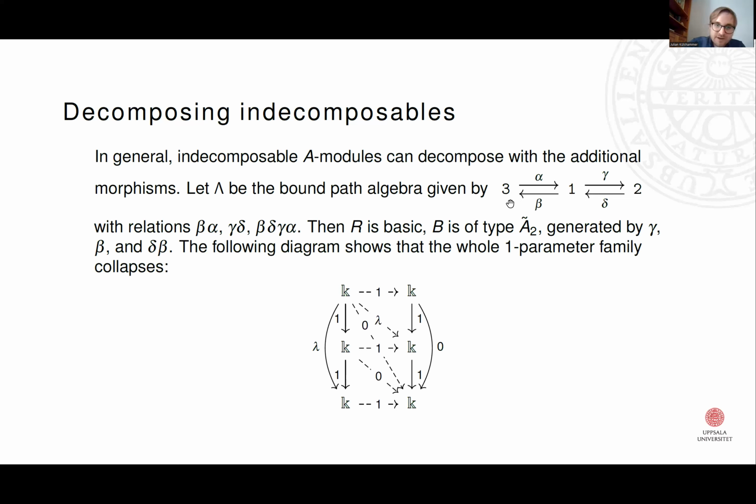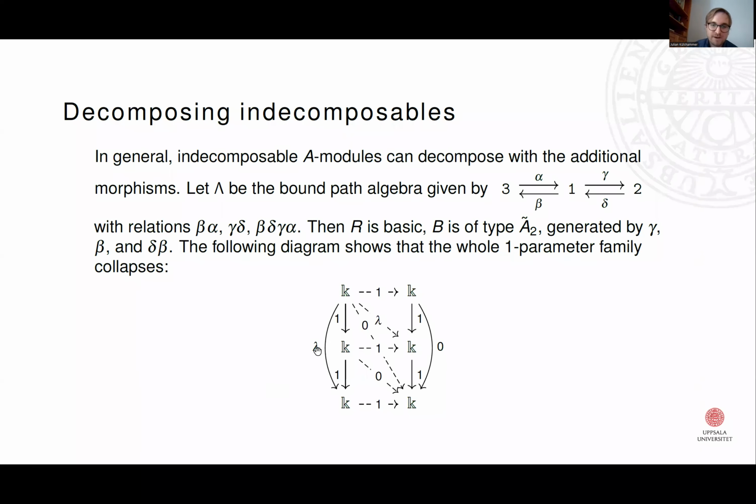And now we can look at, again, representations. So this B is what I called A before. So please replace B by A here. Okay, so we all know the representation theory of A2 tilde. There's a one parameter family of representations.